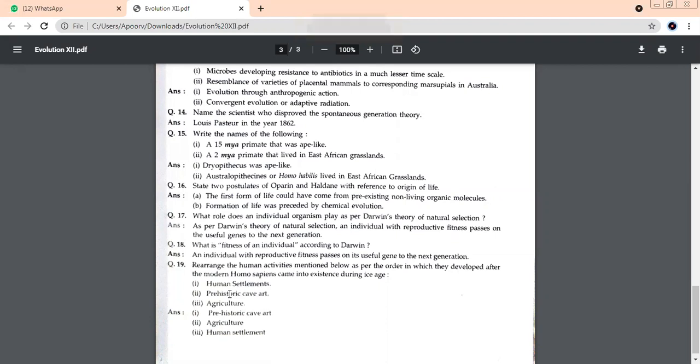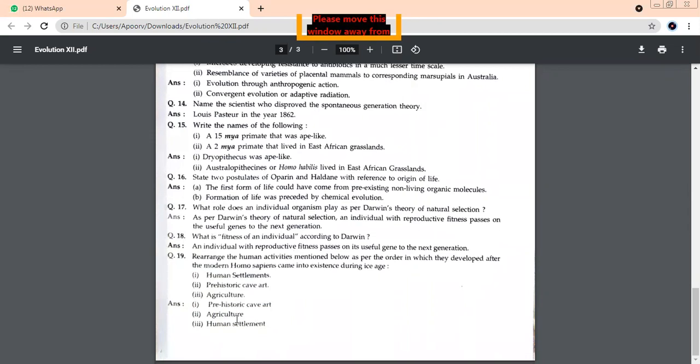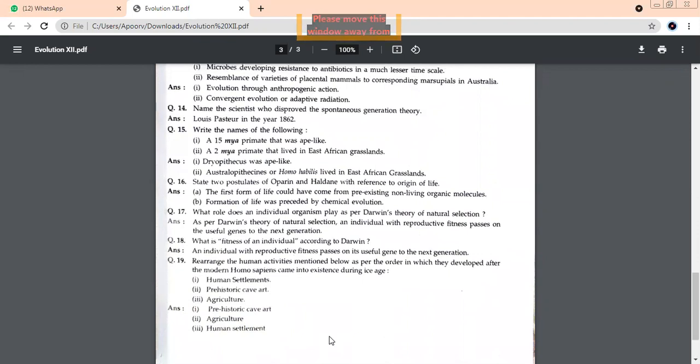Okay, so first was prehistoric cave art. Second was agriculture. Because they started doing agriculture, they had to stay at one place, so we had villages or towns, that is human settlement. We have done this in the table only. You'll find these answers. There are so many questions we have found from that table only.